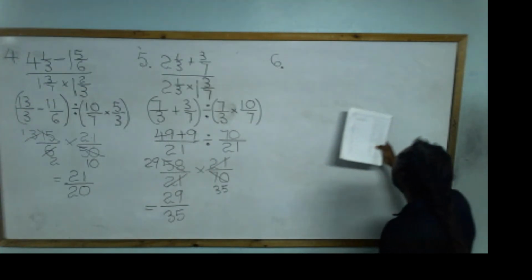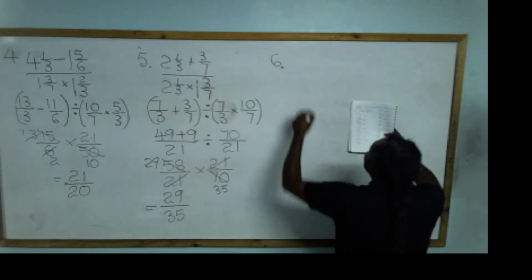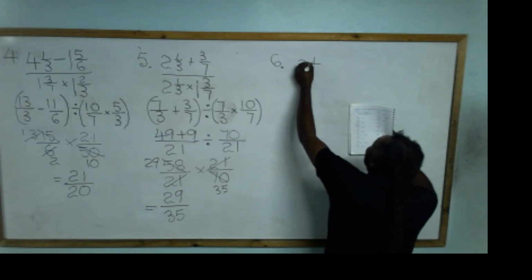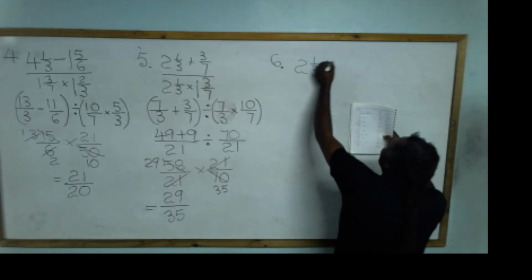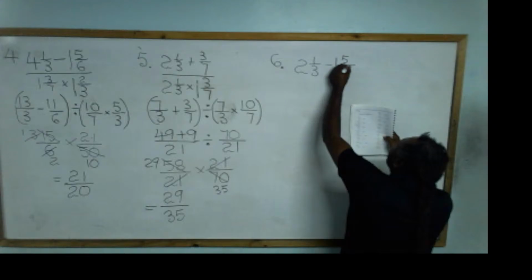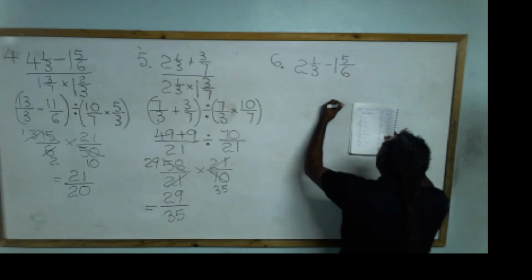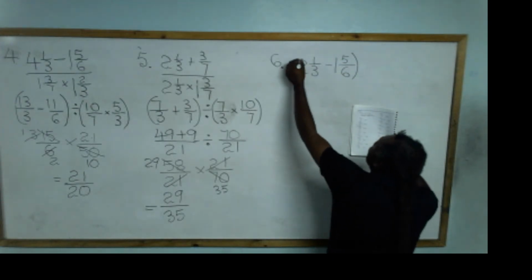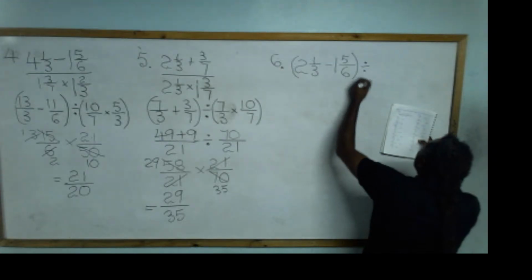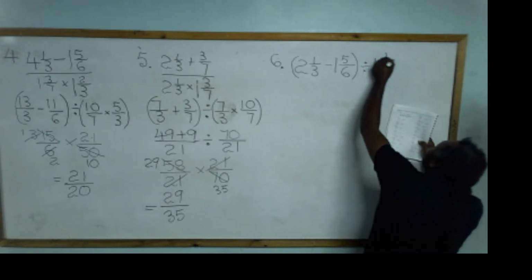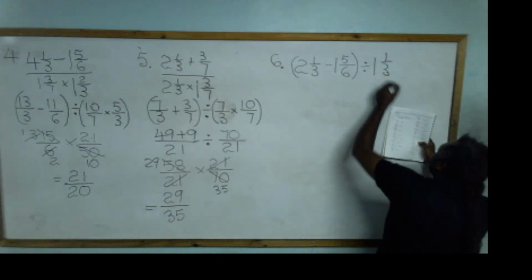Let's go. Number 6. 2 1/3 minus 1 5/6, and it's beside it now, to be divided by 1 1/3. Lovely.